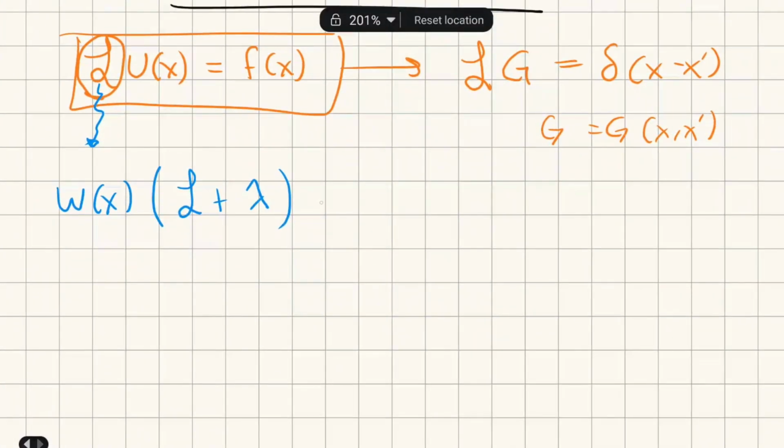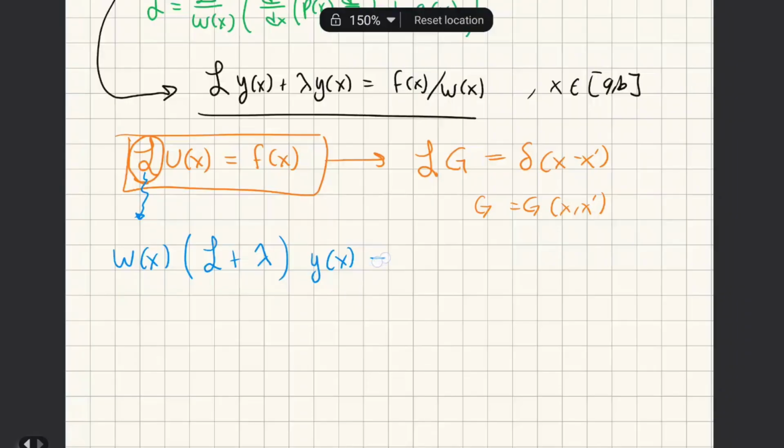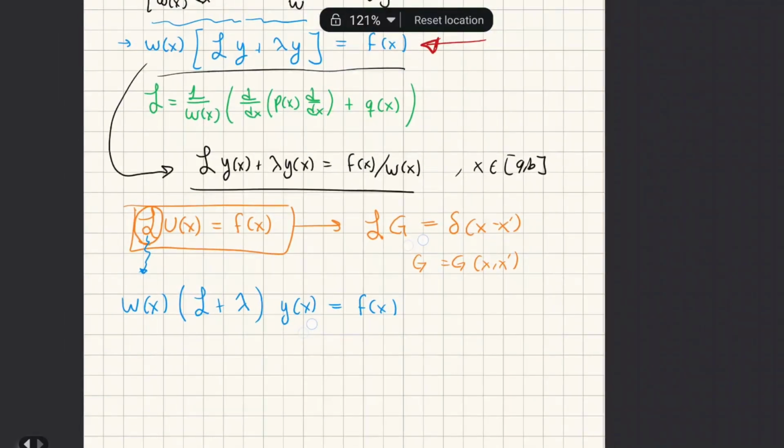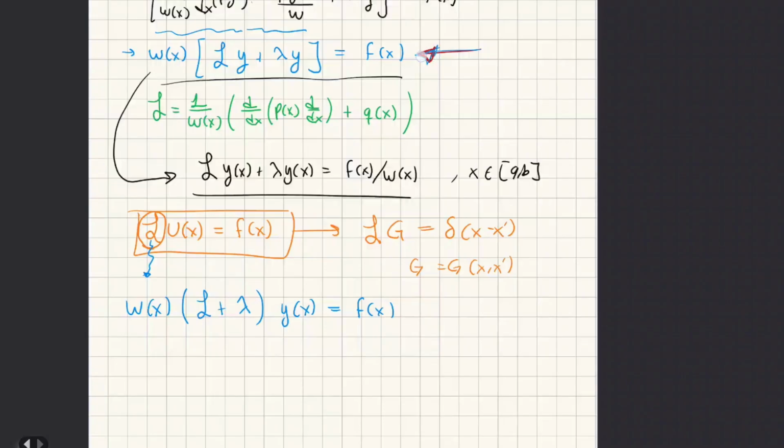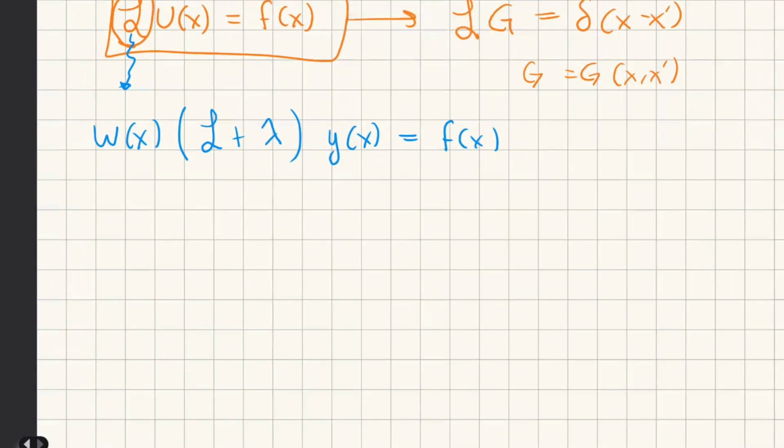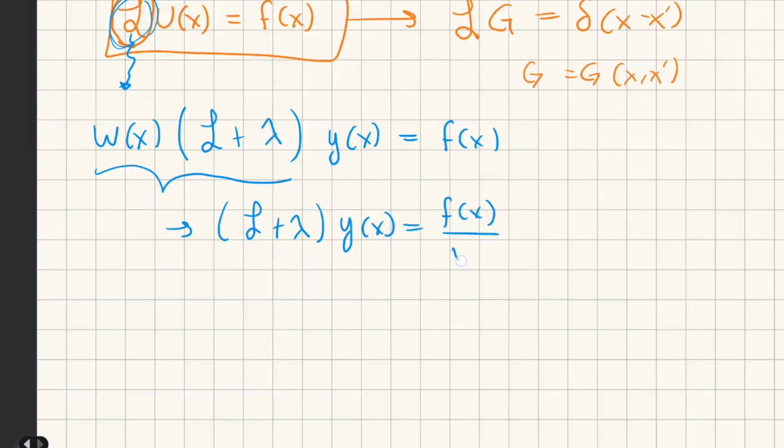Because if we multiply this by y of x, and it is equal to f of x, we see that we have exactly the same expression that we have here or here, right? So we can see this as the operator L that is in this equation. From here we get that L plus lambda applied to y of x is equal to f of x divided by w of x.